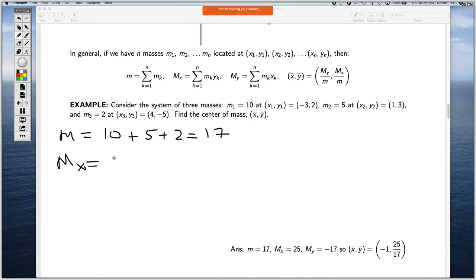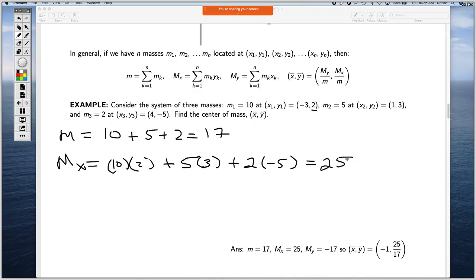So we would take 10 times the y value, and then 5 times the y value, and then 2 times the y value. So you'd get 20 plus 15 is 35 minus 10. So your total moment would be 25 about the x-axis.